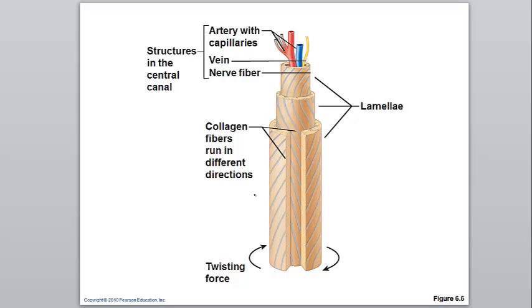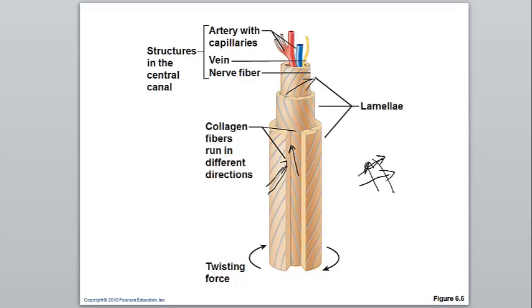Okay, so you can see over here that the collagen fiber is running in this direction, right? But over here it's running in this direction, and in another lamella, it's running in this direction. So think about having a crisscross like this, right? And then you have another one running over here. So you have the outermost layer running in this direction, this middle layer running in this direction, and the innermost layer running in this direction.